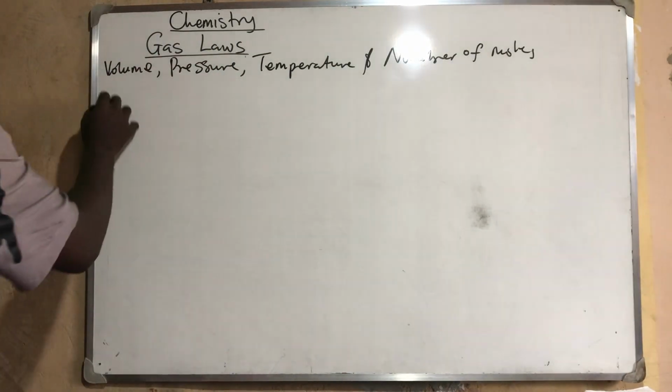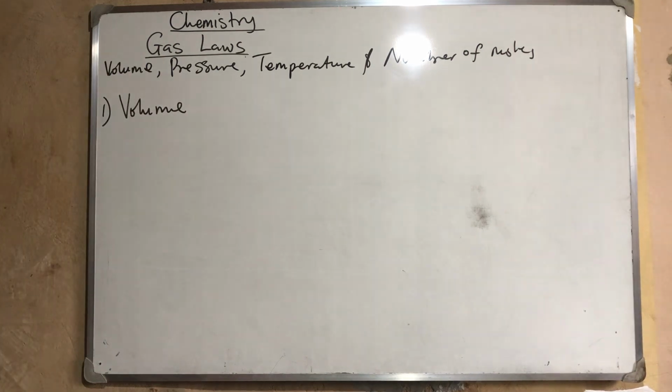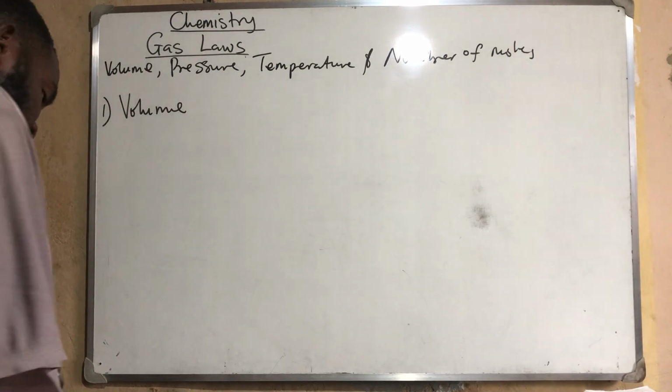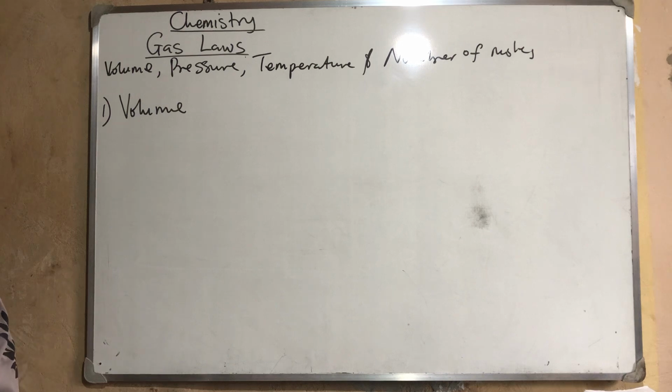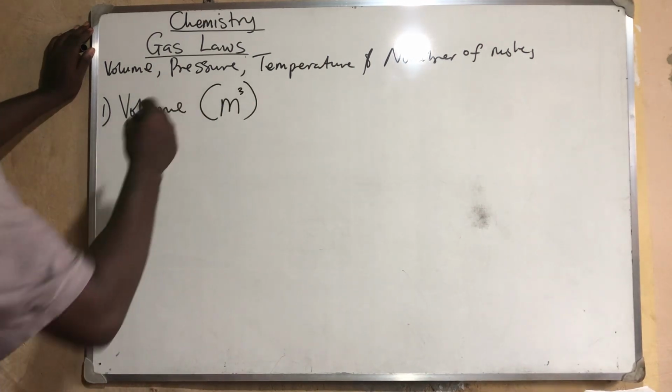Let's pick the first one, volume. The volume of a gas is the size of the space it occupies, which is the capacity of its container. The SI unit of volume is the meter cube.